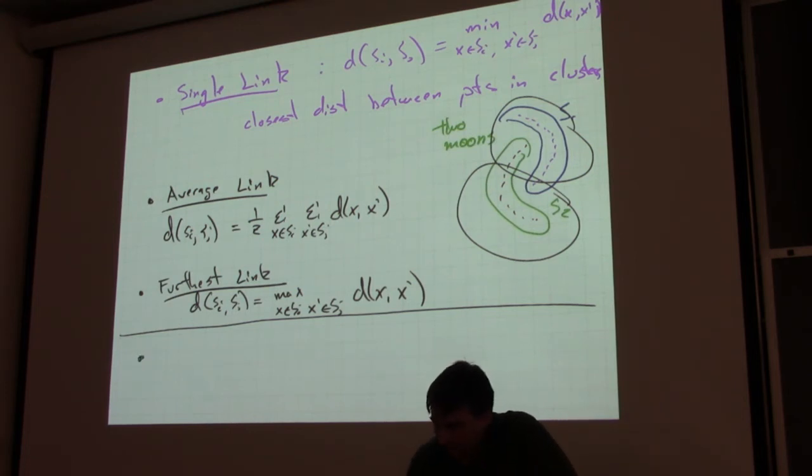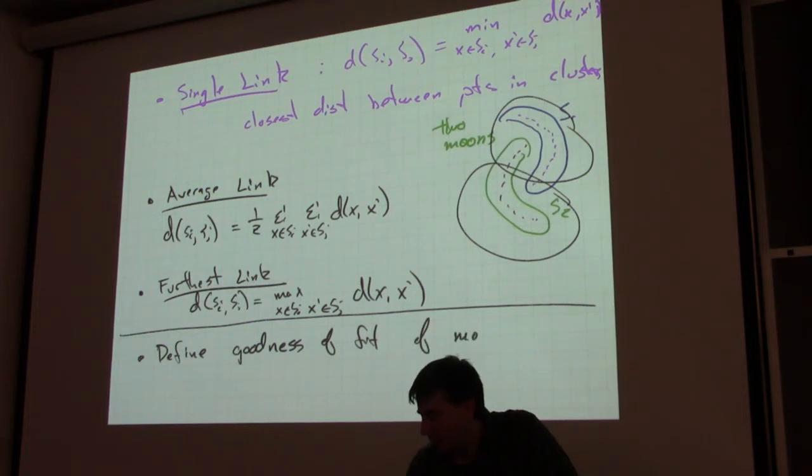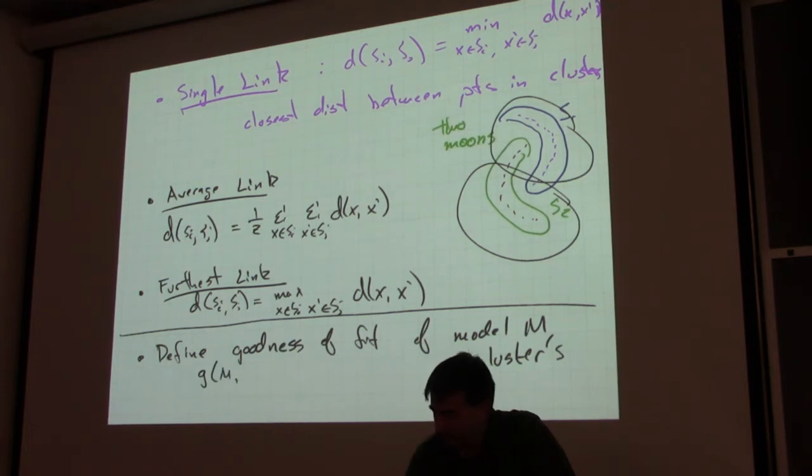So I want to define a goodness of fit of a model M and a cluster S. Right, and then I'll define some function of M and S. And there's some goodness function. I want this to be large.